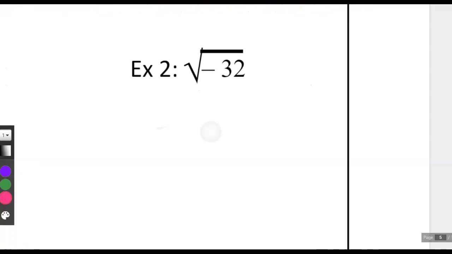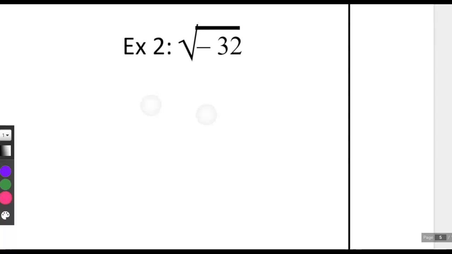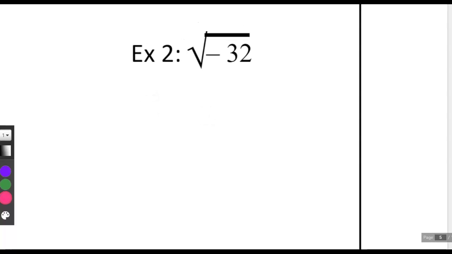Actually, I'll do this one, example 2. Now, we're simplifying this radical. The first thing I'm going to do is because there's a negative, I'm going to split this into a +32 and an I. Then I factor 32 like normal.